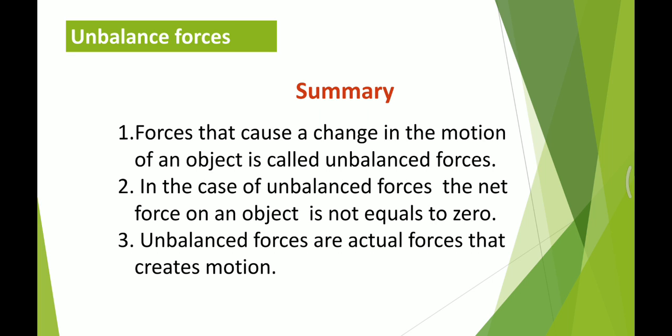First, forces that cause a change in the motion of an object are called unbalanced forces. Second, in the case of unbalanced forces, the net force on an object is not equal to 0. And third, unbalanced forces are actual forces that create motion.